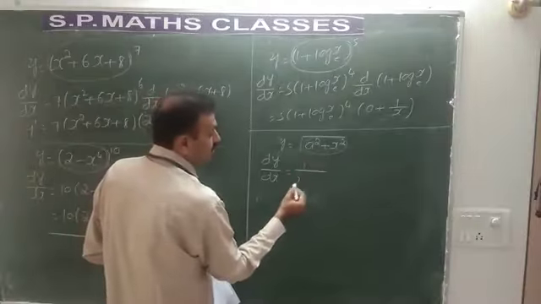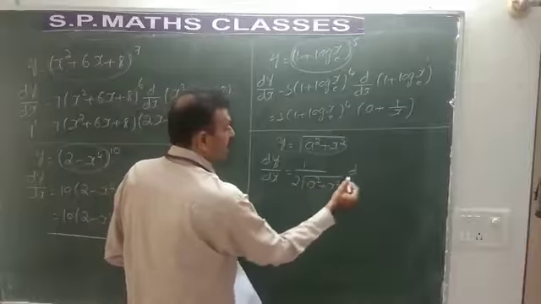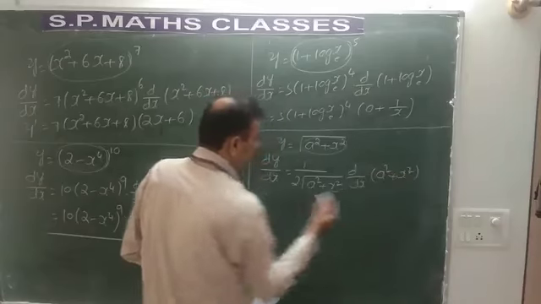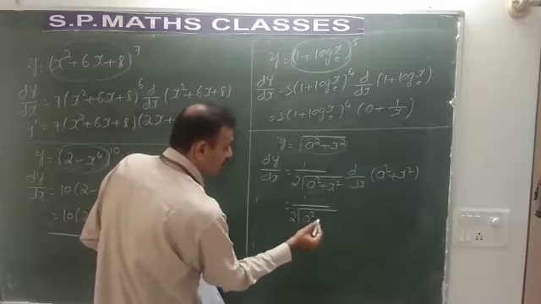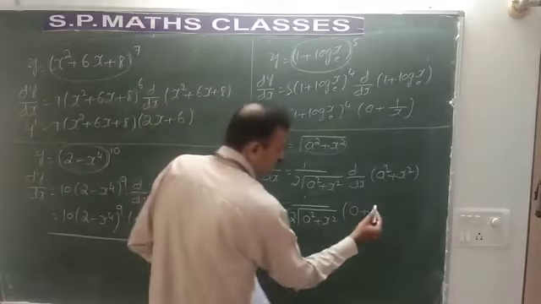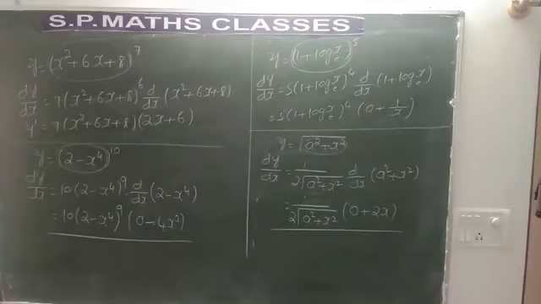What is the derivative of root x? 1 by 2 root x into the derivative of what we have assumed, a squared plus x squared. That is 1 by 2 root a squared plus x squared into the derivative of a squared, which is 0, plus the derivative of x squared, which is 2x. Further you can simplify, or else you can keep the result as it is. I think you have understood this problem also. Very simple, and you should know which term is to be taken as x.